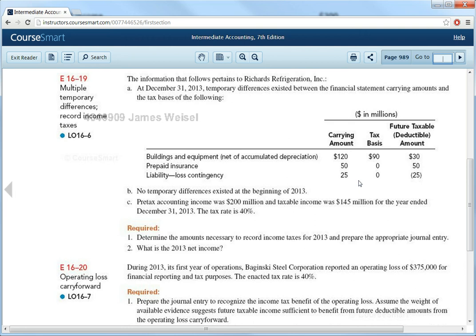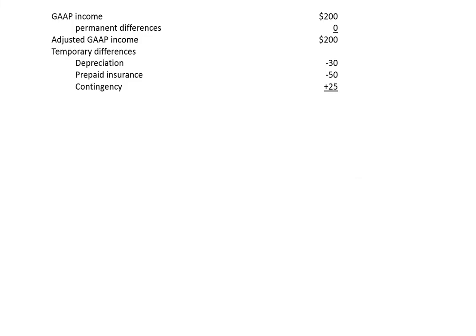As part of the reconciliation process, then, that means that we need to add back $25 million. We deducted it originally from revenues for the GAAP income statement. Now when we are reconciling to our tax return, we need to add that back in. And so we have an addition for that $25 million loss contingency.